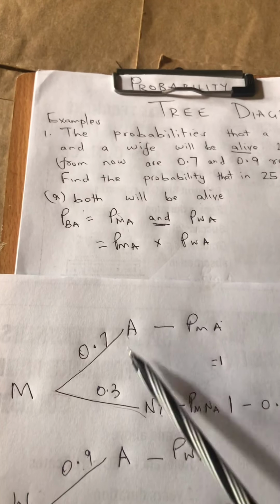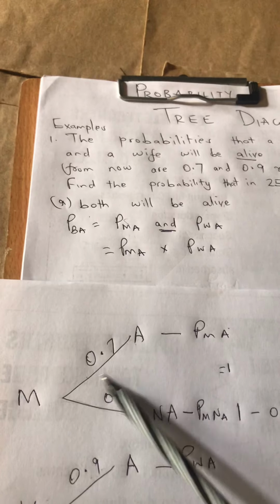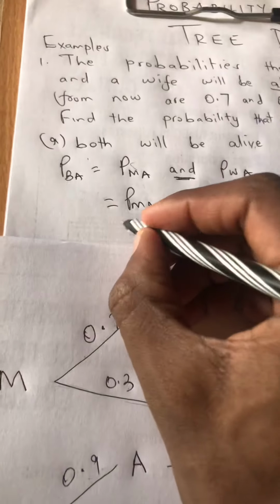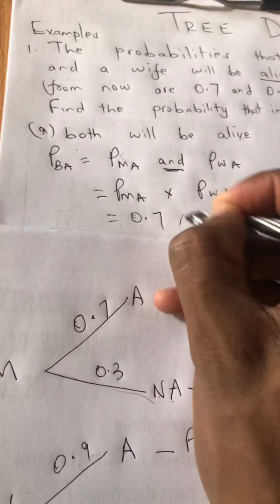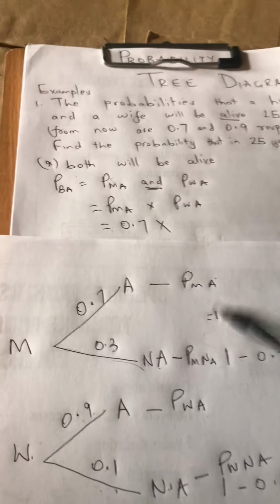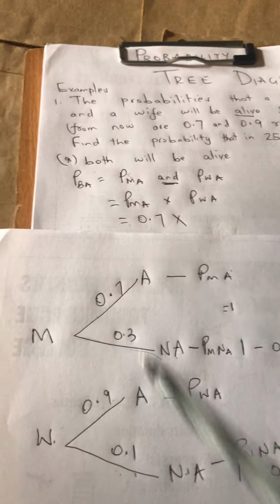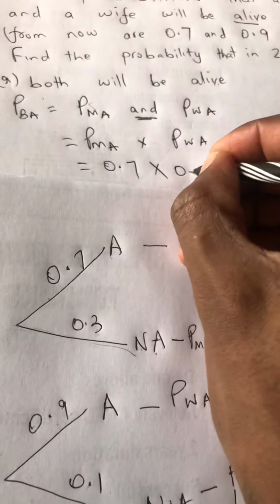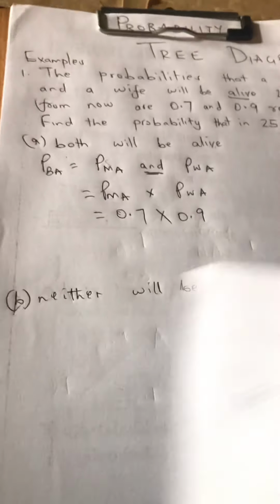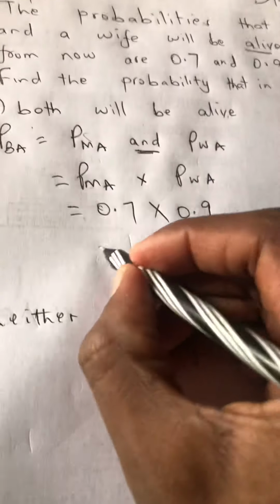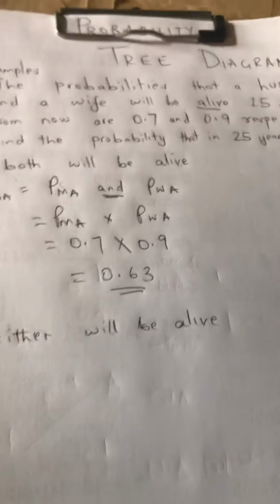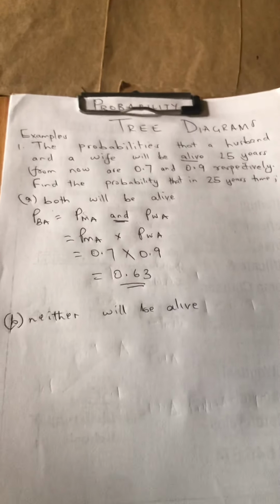The probability man alive in 25 years time, as you can see from our tree diagram, is 0.7 multiplied by the probability that the wife is alive in 25 years time, which is 0.9, and your answer becomes 0.63. That okay? Nice one.